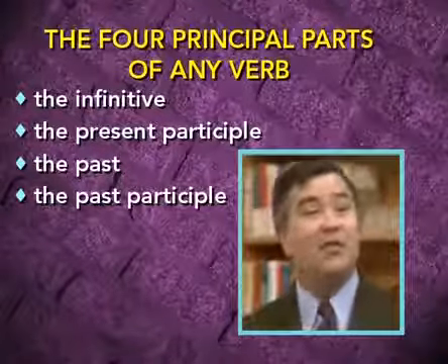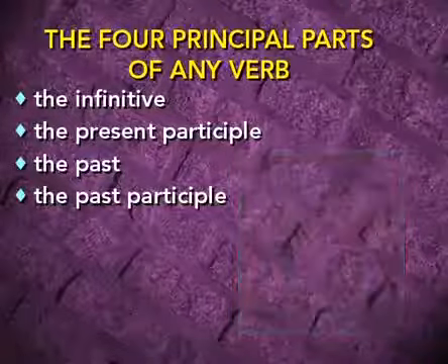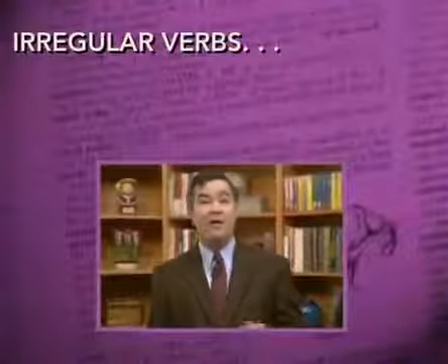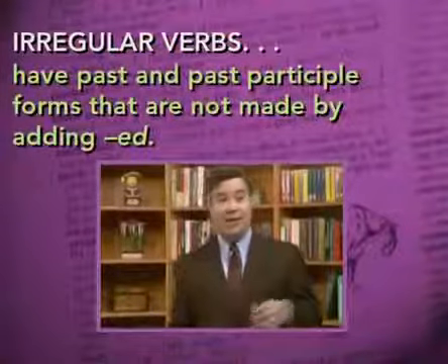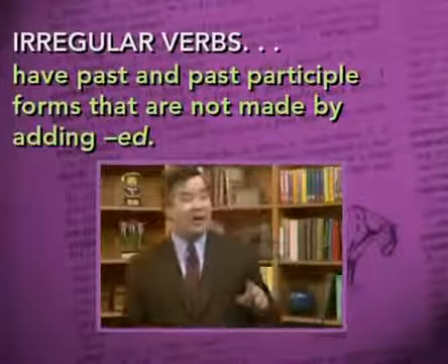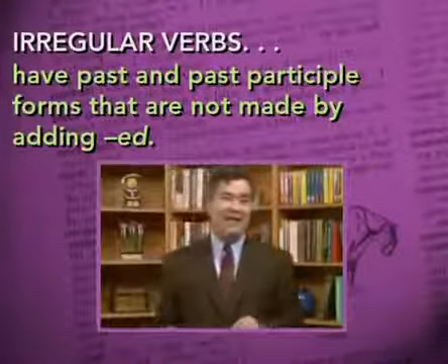Now, in this lesson, we're going to talk about one tricky element in English, which is the fact that not all verbs form their past and their past participle by simply adding ed to the basic form of the verb. It would be a simpler world if that were the case. But in English, there are a number of verbs that are called irregular verbs. Irregular verbs have past and past participle forms that are not made by adding ed.